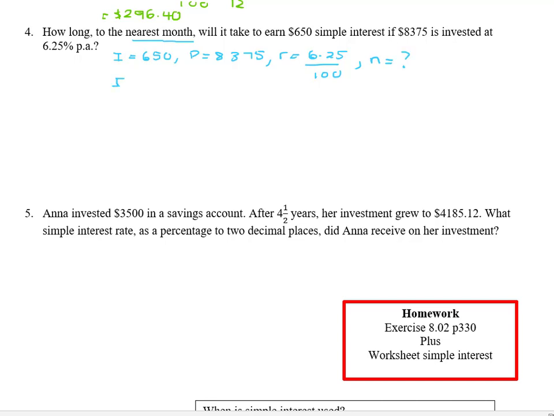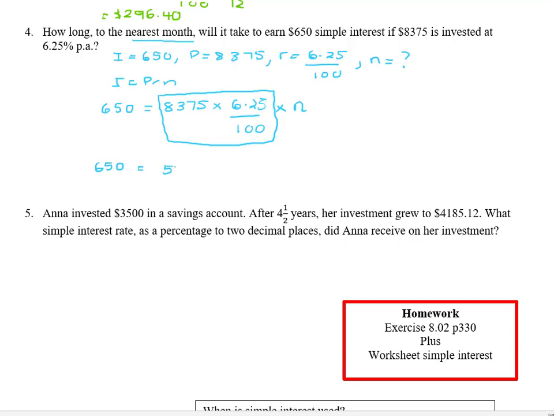So using my formula, I equals PRN, I'm now going to substitute those numbers in: 650, 8,375, my interest rate is 6.25 over 100, and N is my time period. In order to do this, I would do this part on my calculator first. If I work just that first part out, I get 523.4375 N. Now you can see I have an easy equation which I can solve.